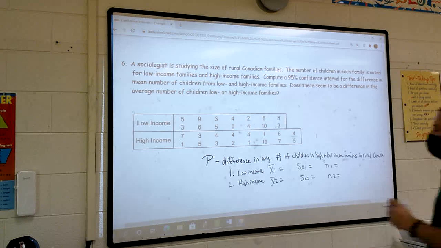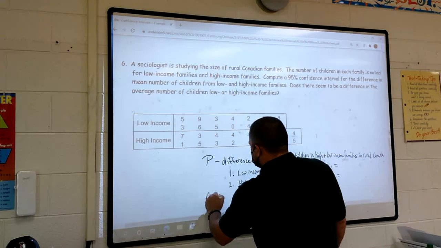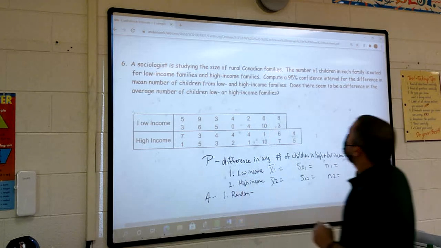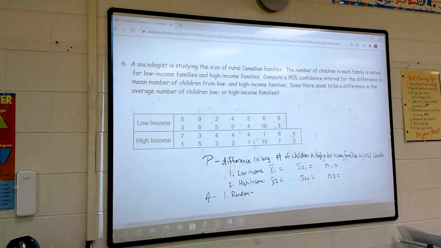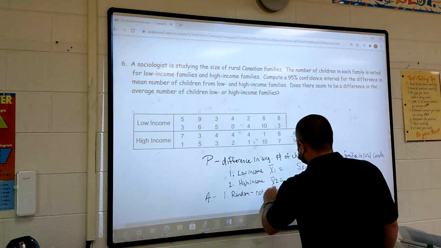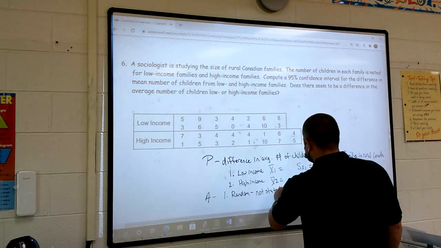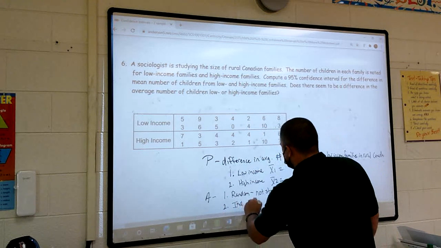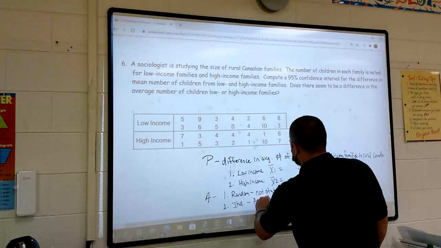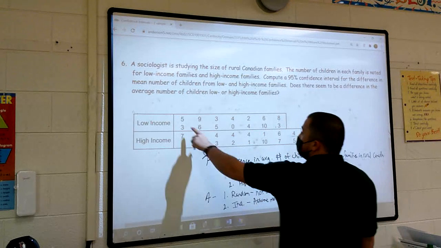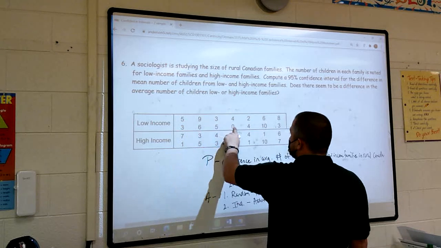All right, so let's go to A, the assumptions. Number 1, random. Here, nothing about it. Okay, number 2, independent. We assume more than, how many low income? 1, 2, 3, 4, 5, 6, 7, 8, 9, 10, 11, 12, 13, 14.